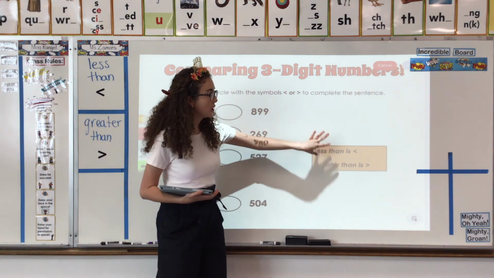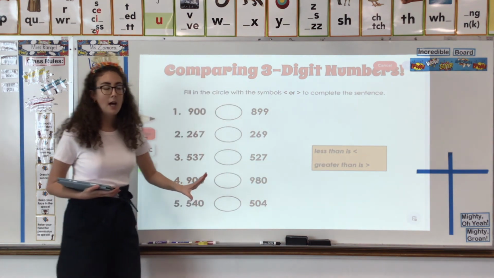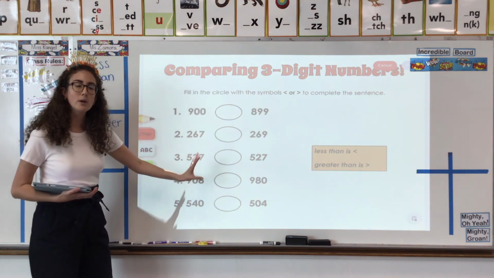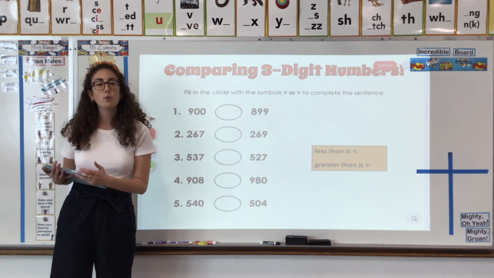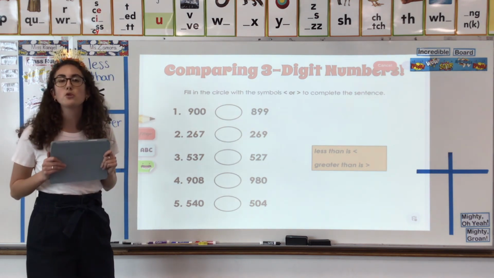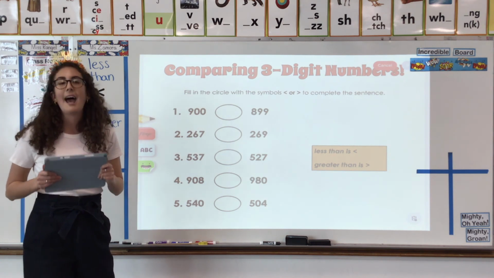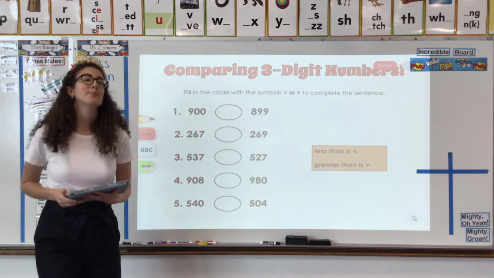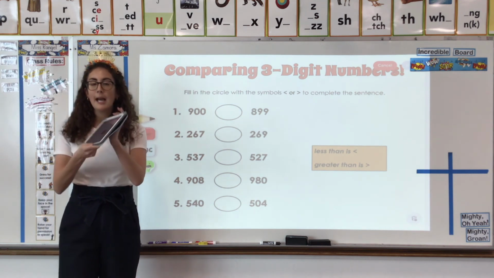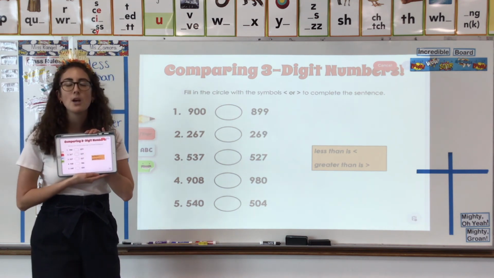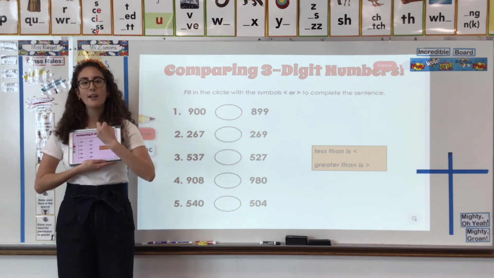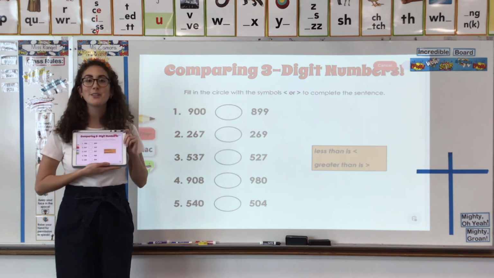So really make sure you're checking this key to make sure your less than or greater than symbol matches what you were trying to say. This is really going to require you to work carefully, second grade, and check your work. Okay, awesome people. I can't wait to see your next work comparing 3-digit numbers with symbols. Let's go ahead, get all your knowledge with you, and get this Dojo sheet started.